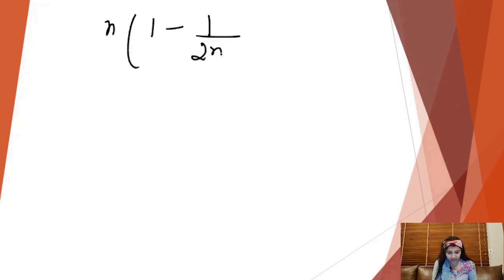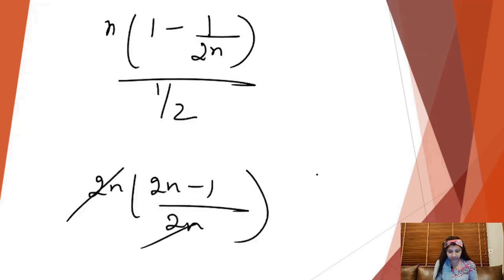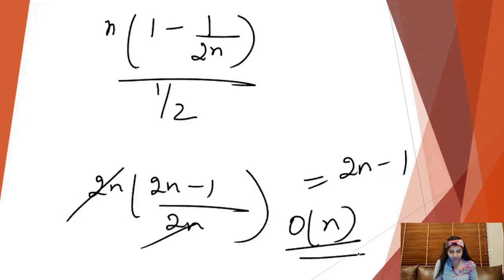We can solve this. This is n times 1 minus 1 upon n, upon 1 by 2. This will be n minus 1 upon n times 2n. They will cancel out each other. This is 2n minus 1, that is nothing but equal to order of n. So it will take order n time to find the complexity of the function.